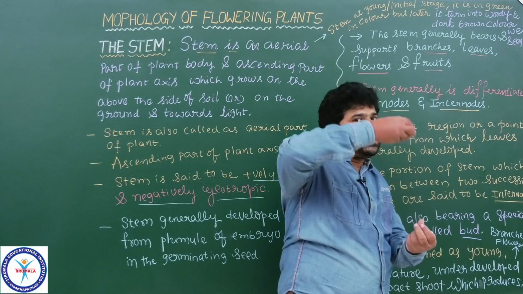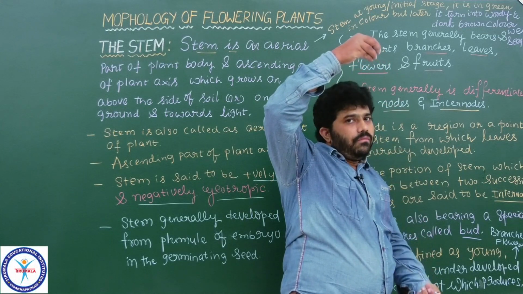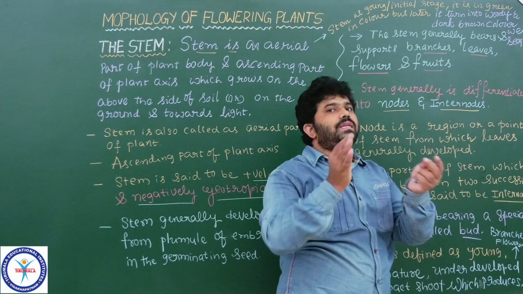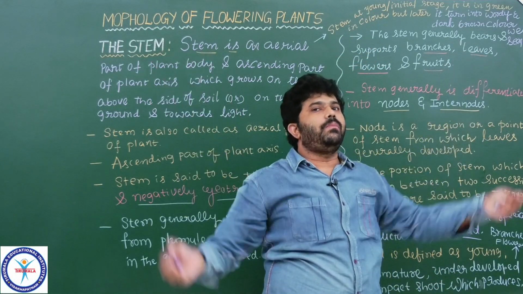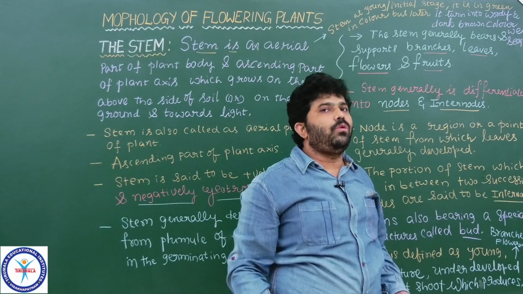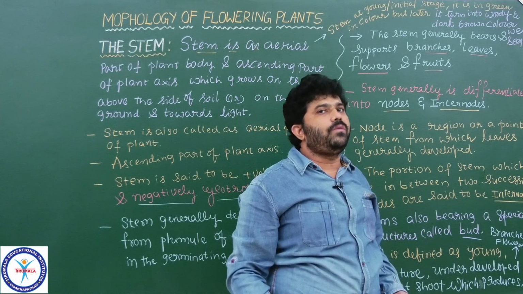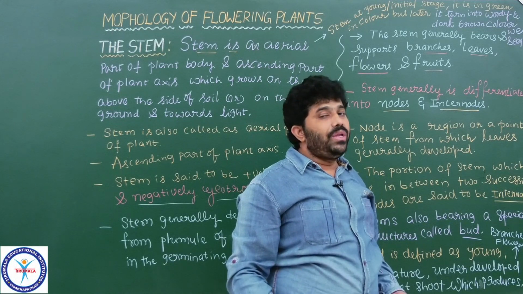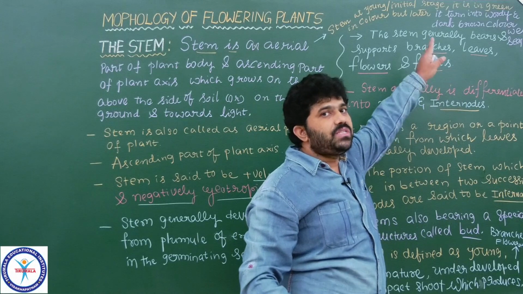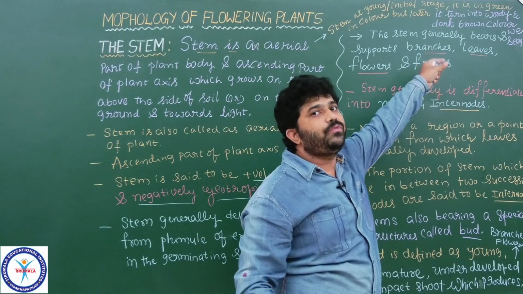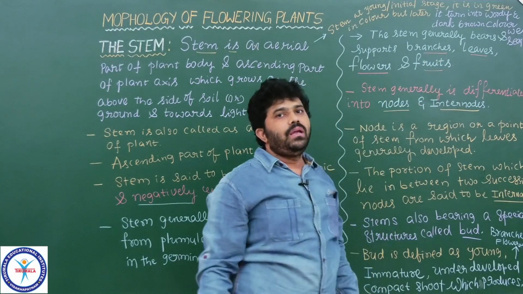When the stem grows healthy and increases its length, it bears a large number of leaves. When the number of leaves increases, the leaves contain chlorophyll and perform photosynthesis sufficiently to prepare food. During the young stage, that many leaves are not there, so the stem also performs photosynthesis along with the few leaves present on the young plant body.